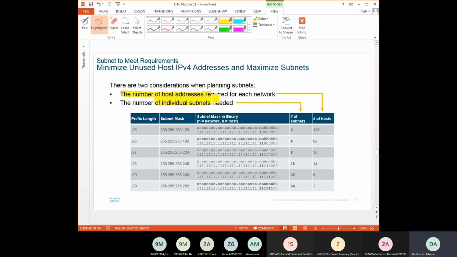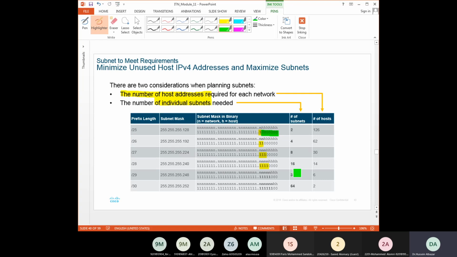As we have discussed before, subnets are created by borrowing bits from the host portion, according to this table. If you borrow 1 bit, we have 2 subnets, 2 to the power 1. Now the total number of usable hosts is 2 to the power 7 minus 2, because I have 7 bits here. 128 minus 2 is 126.